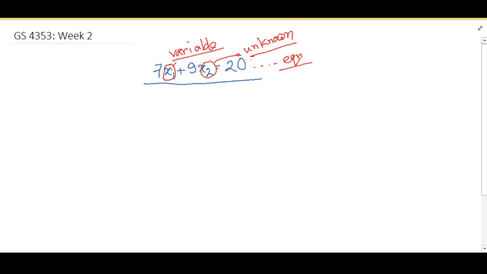Linear equations are those for which, if we plot the equation in a graph, we'll get a linear shape of the graph. That is, if we plot this in the graph, we'll get a linear equation like this or that, whatever this is.